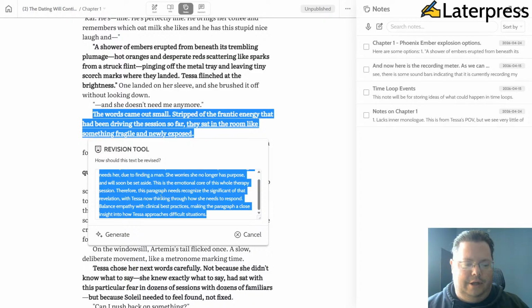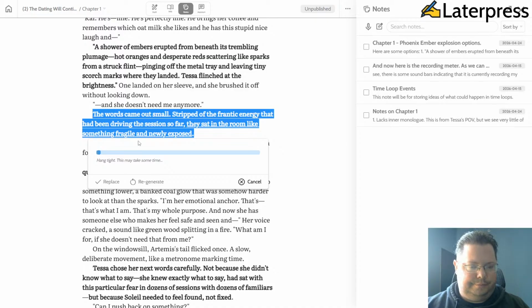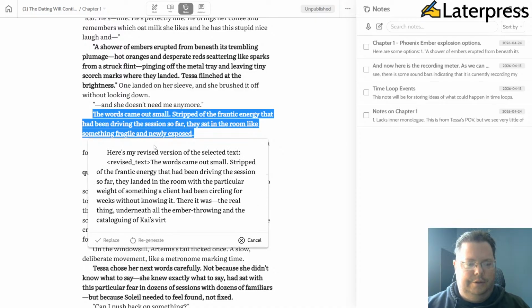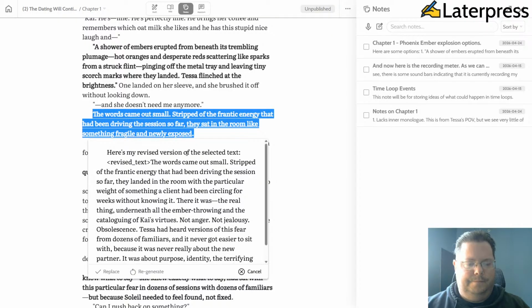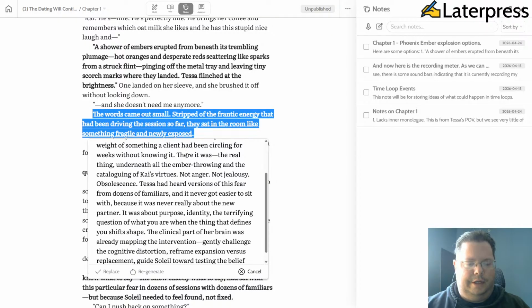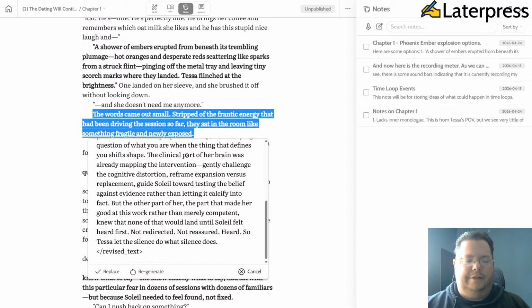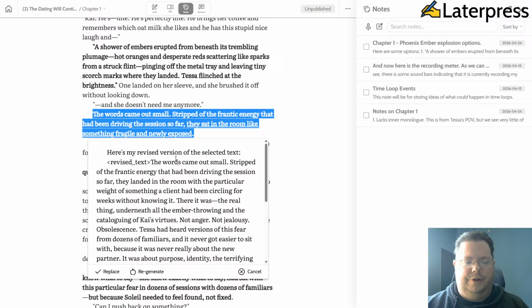And now we're going to have it go. Maybe I love what it's going to come up with, maybe I don't, but it's important to explain what you want and why you want it. Okay, I'm going to let it do its thing. Claude tends to overwrite when you're giving it its revision, but it's easy enough to delete and prune things.